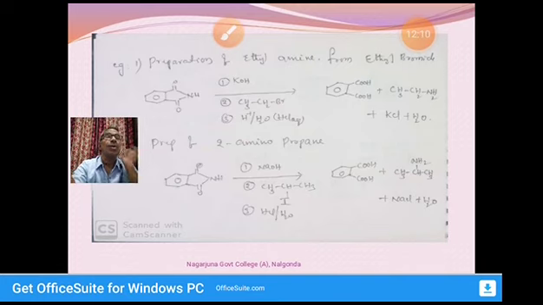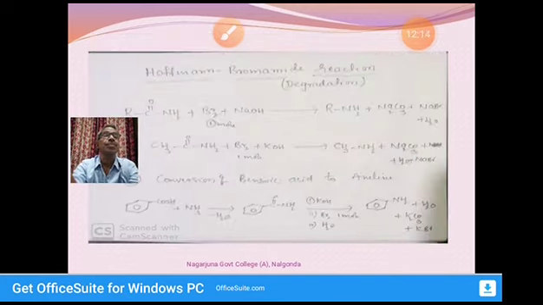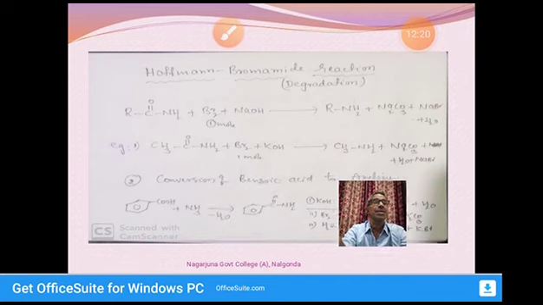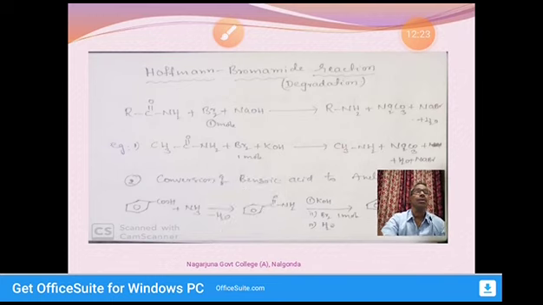Okay, we'll go to another preparation method, that is Hofmann bromamide synthesis. What is Hofmann bromamide synthesis? What are the different examples? What are the specific features of this method?